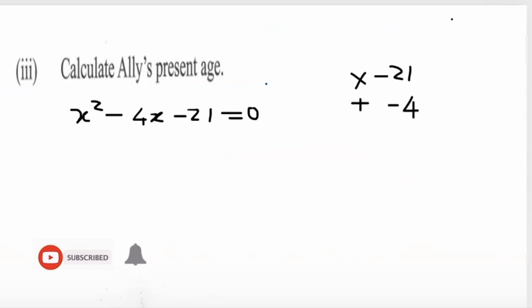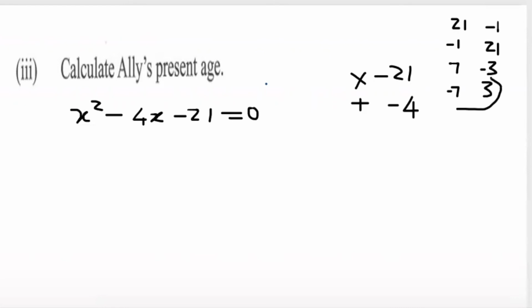So in other words, you think of 21 times negative 1, negative 21 times 1. We have 7 times minus 3, and we have minus 7 times positive 3. Only this multiplies to give me negative 21 and adds to give me negative 4.